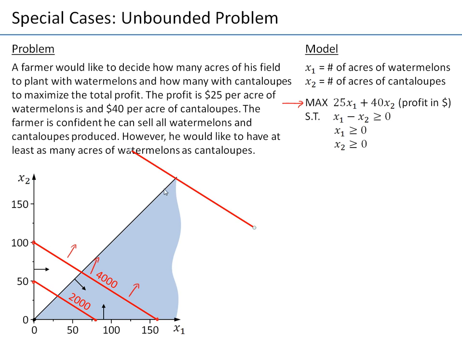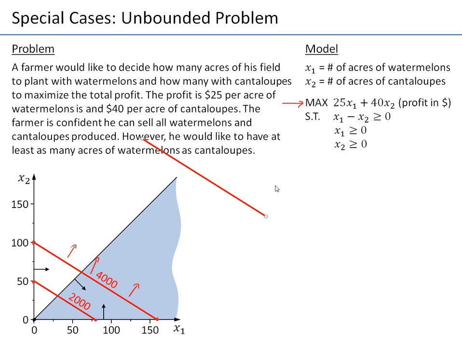So in fact, this line doesn't end here, it goes on, and this line also doesn't end here, it goes on, and the feasible region on this side doesn't end, it continues without limit. In the same way, this line can be moved further, and we will never reach the last feasible point beyond which there are no feasible solutions.